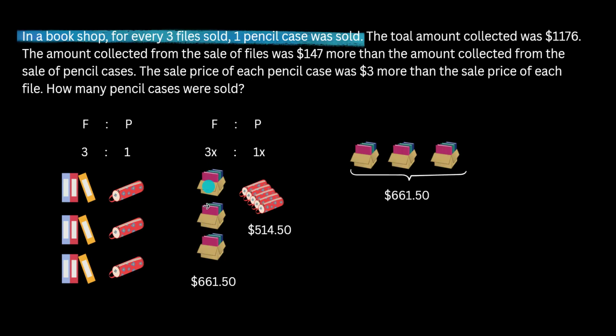Remember, we are talking about the number of files and the amount that we paid for those files here. So since 3 groups is equal to $661.50, one group would be $661.50 divided by 3, and that is equal to $220.50.